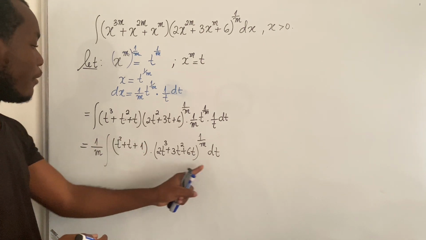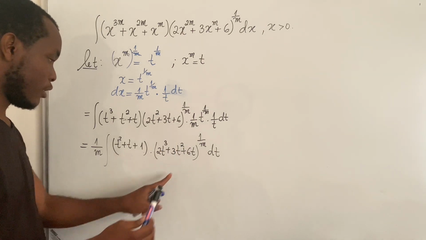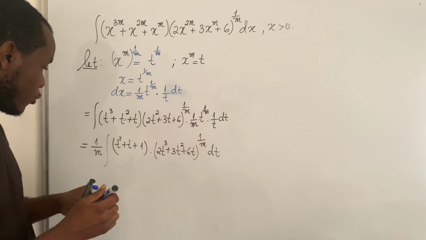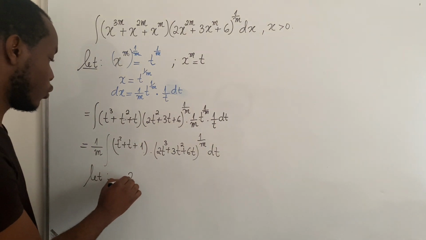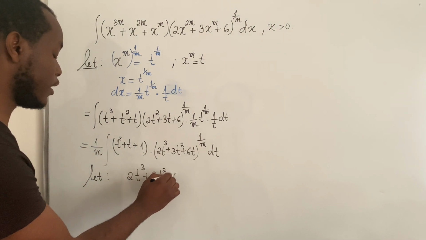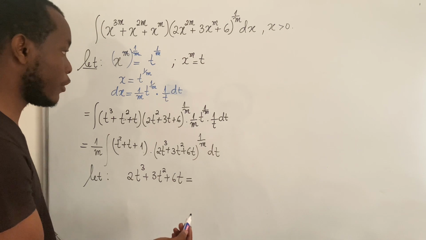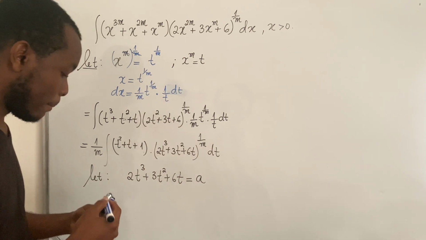Perfect. Now, having this expression, if we check, the derivative of this expression can give us this expression. So we can let 2t cubed plus 3t squared plus 6t be equal to a new variable. We used t in the beginning, now we can use a.